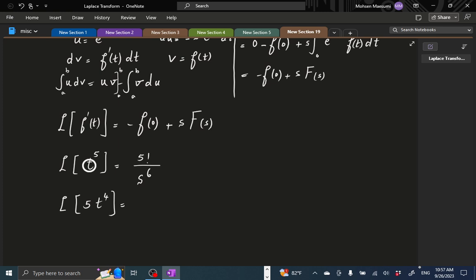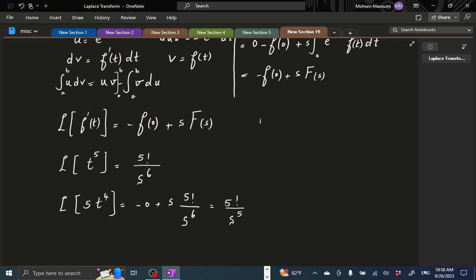Since this function is the derivative of that, I go ahead and calculate the initial value of this. The initial value is just 0, plus s times the Laplace transform of the original function. So that is going to be s times 5 factorial over s to the power of 6. So that's going to be 5 factorial over s to the power of 5.